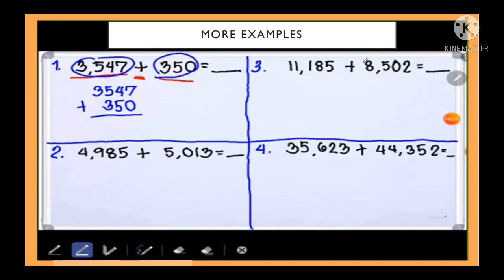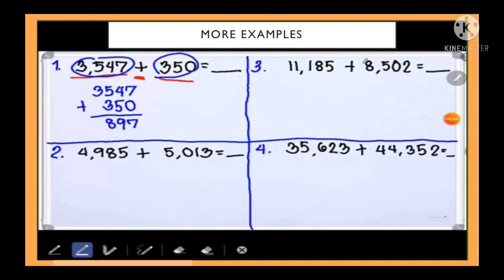So 7 plus 0, yes, it's 7. 4 plus 5, come on, show me your fingers. 4 plus 5 is 9, very good. 5 plus 3, the answer is 8, good job.